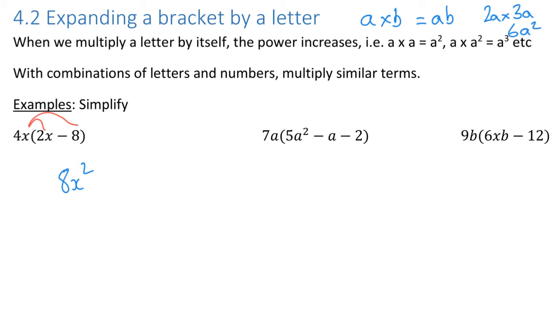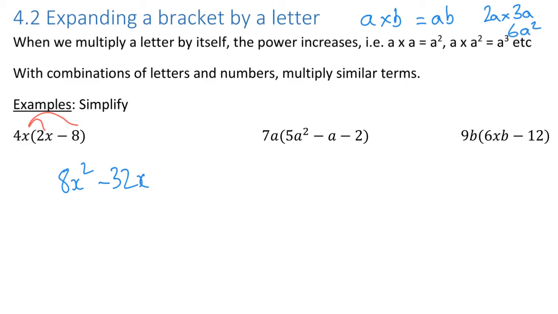And then 4 times minus 8 is minus 32, and there are no other letters there, so it's just 32x. We can't combine those in any way, so we can't simplify that down, because x squared is not like x. They're not like terms, so we have to leave them in that format.